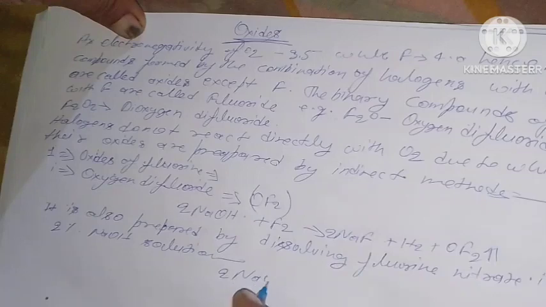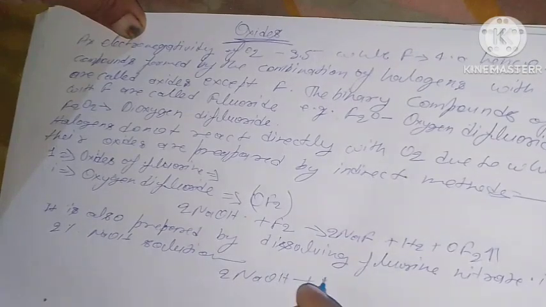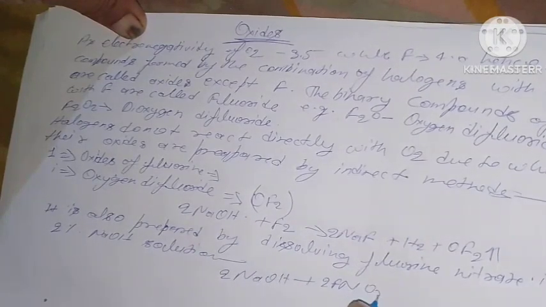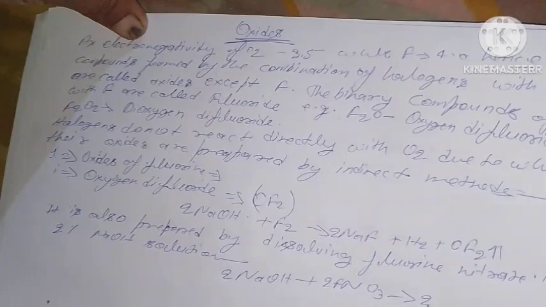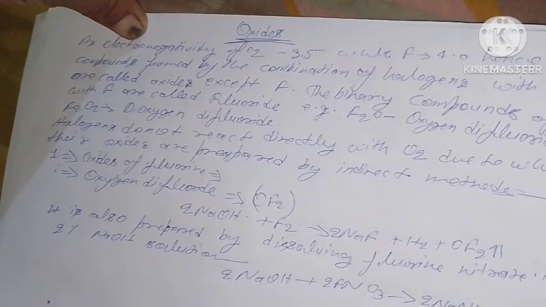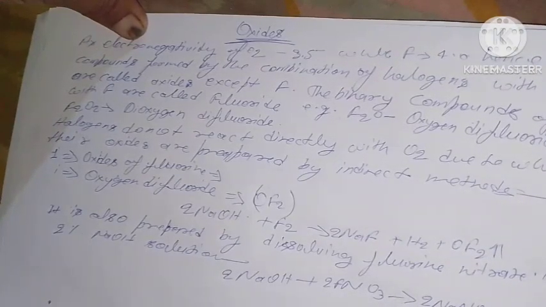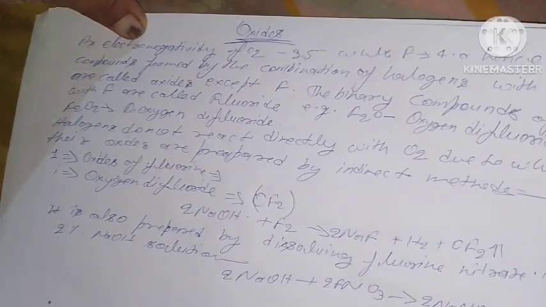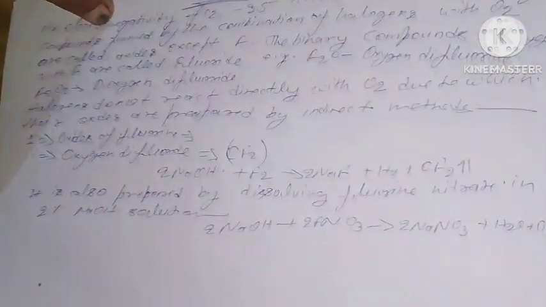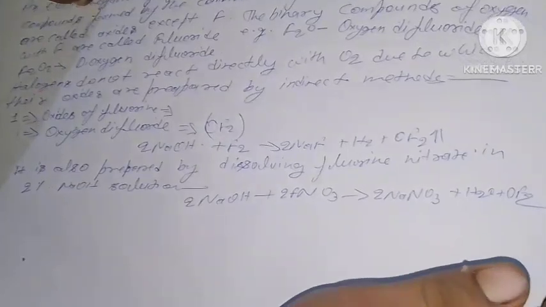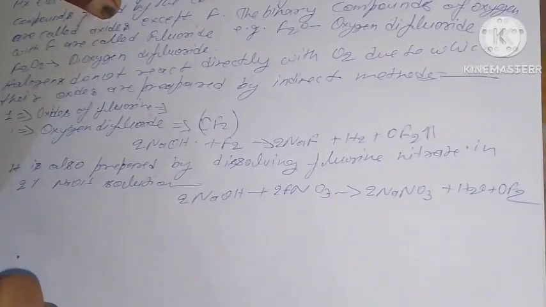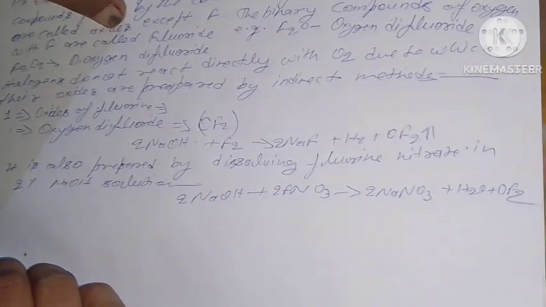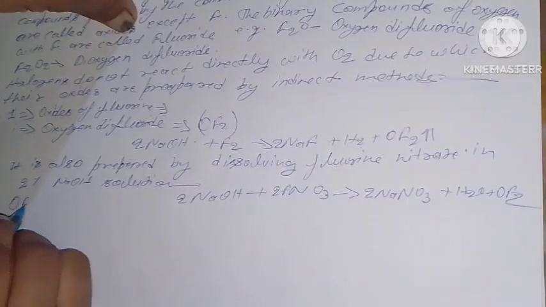Okay, 2NaOH plus 2FNO3 gives 2NaNO3 plus H2O plus OF2. Okay. OF2 is a fairly stable colorless gas.